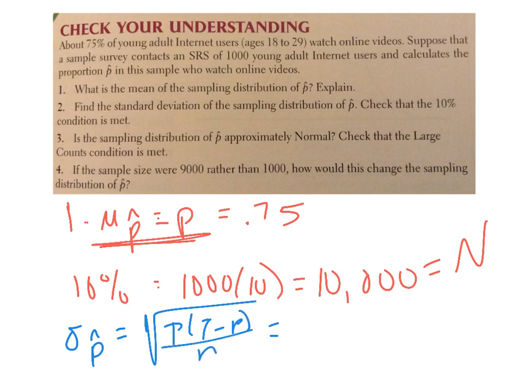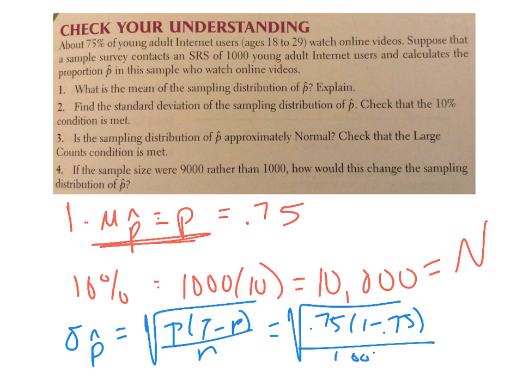When I plug that in, I get the square root of 0.75 times 1 minus 0.75 over 1,000, which gives me 0.0137.